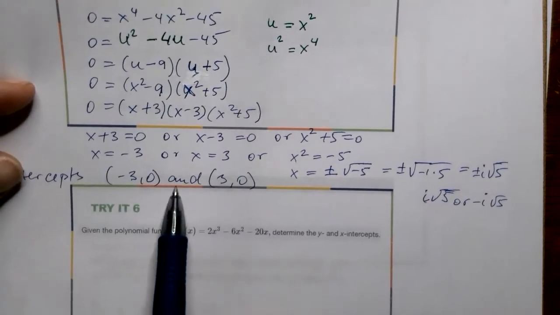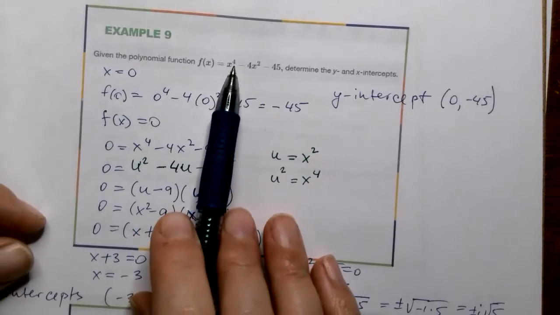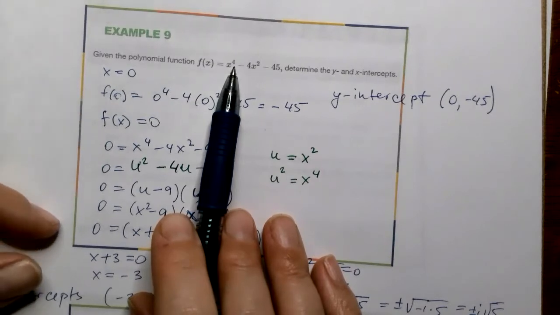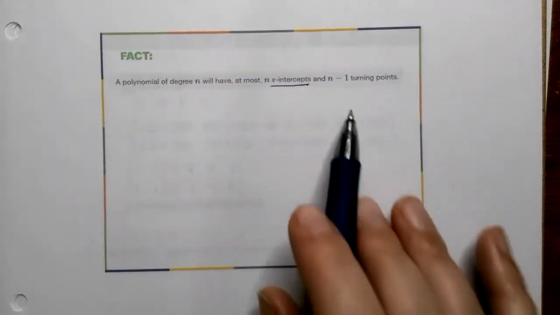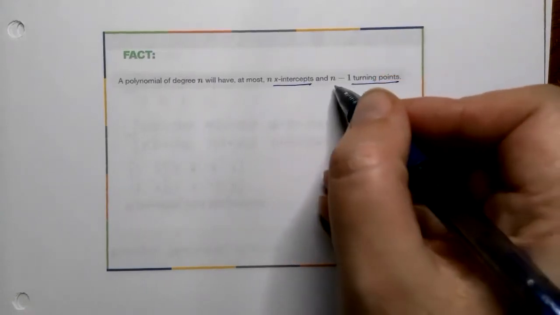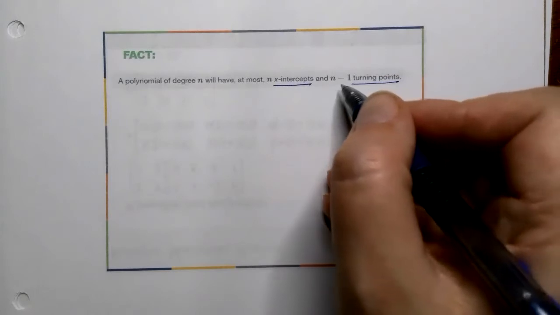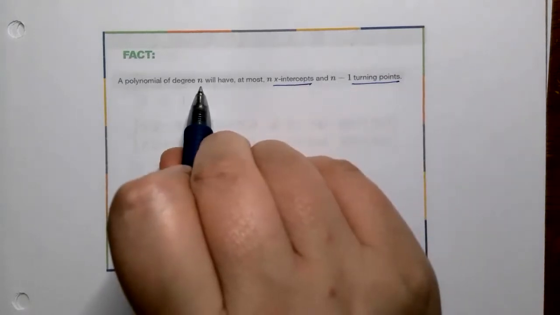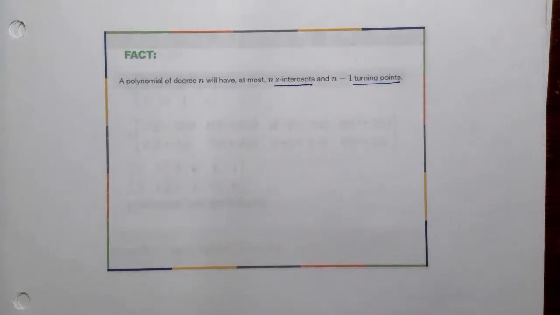So in other words, the number of intercepts does not necessarily equal the degree of the polynomial, but this is the maximum that it could ever be. Okay, now as to the turning points, it's at most n-1. So it's 1 less than the degree, again, at most.